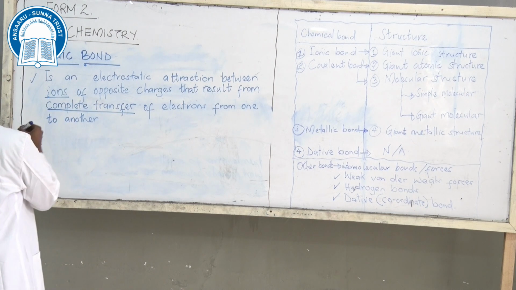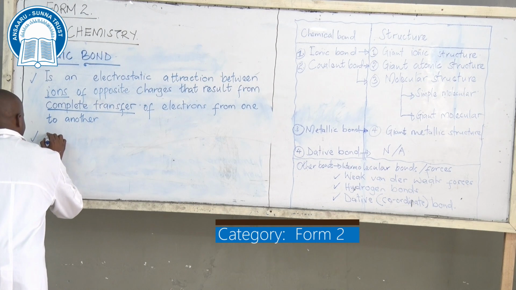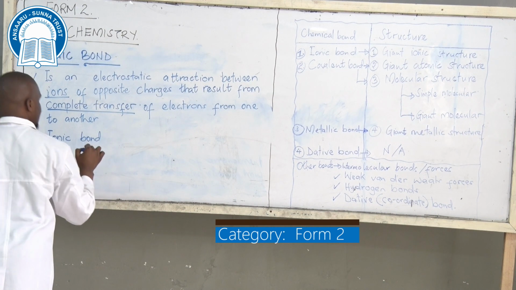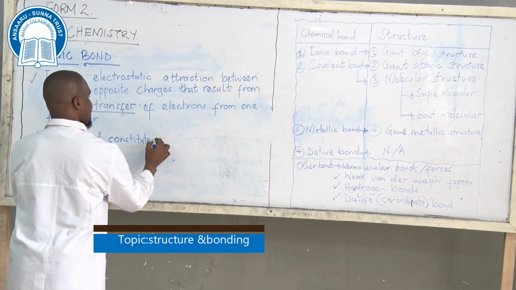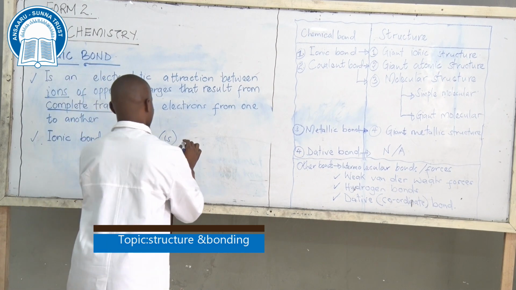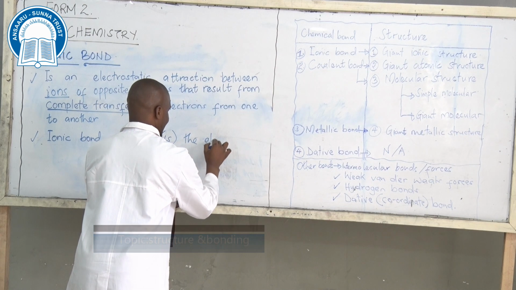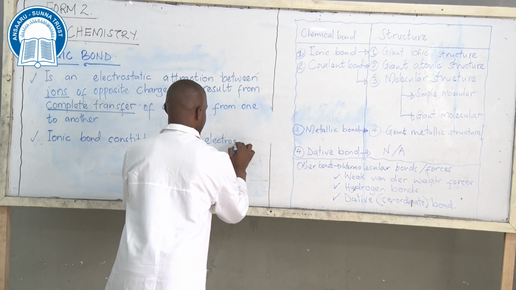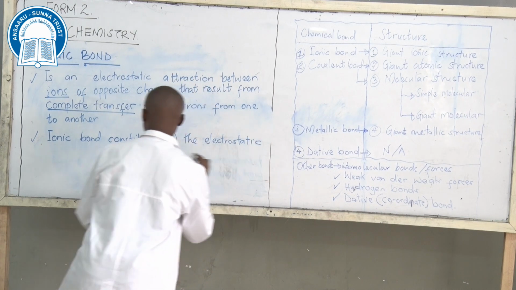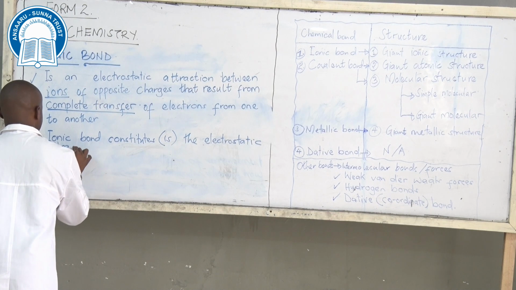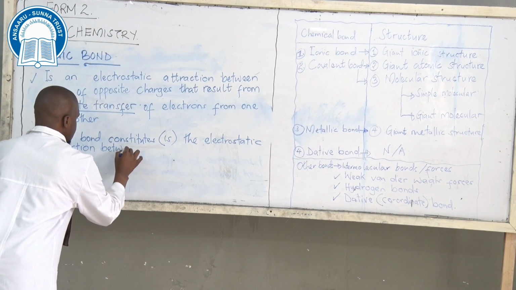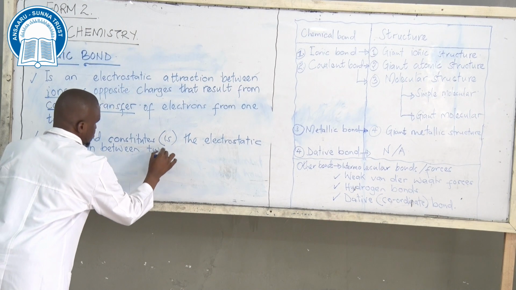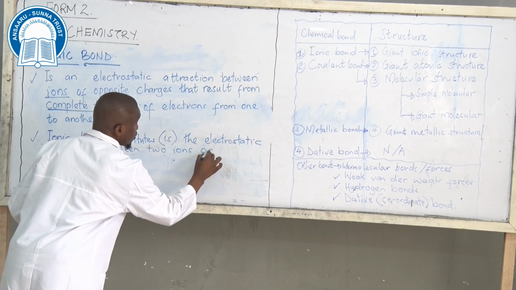In other words, the ionic bond constitutes the electrostatic attraction between two ions of opposite charges.